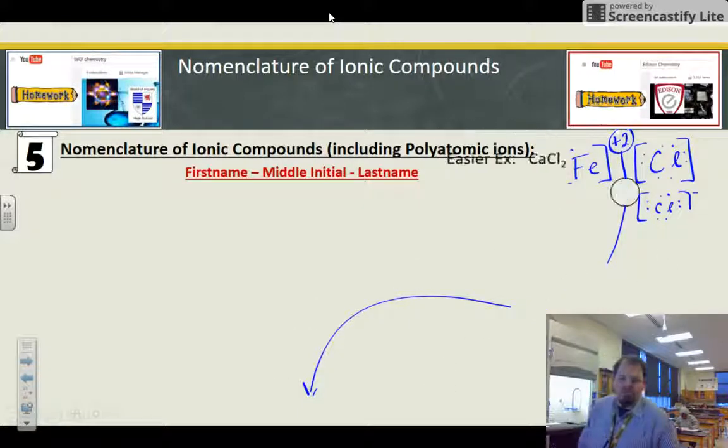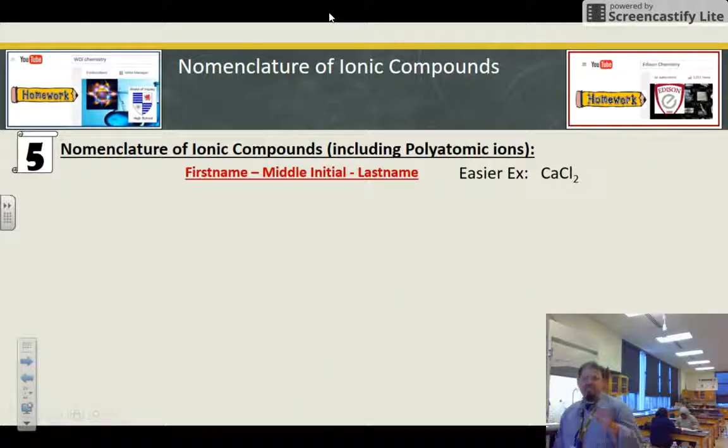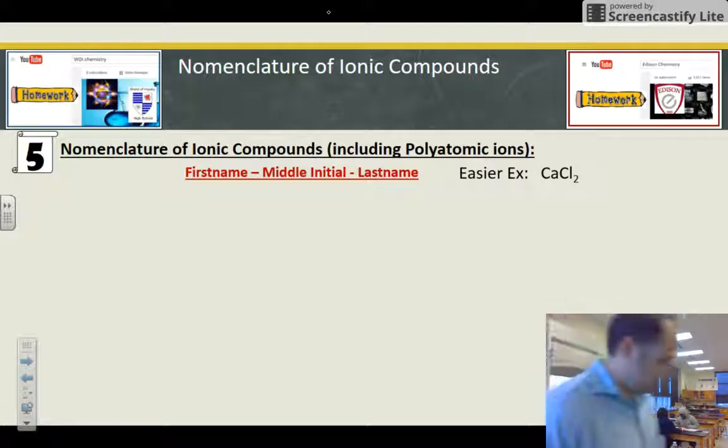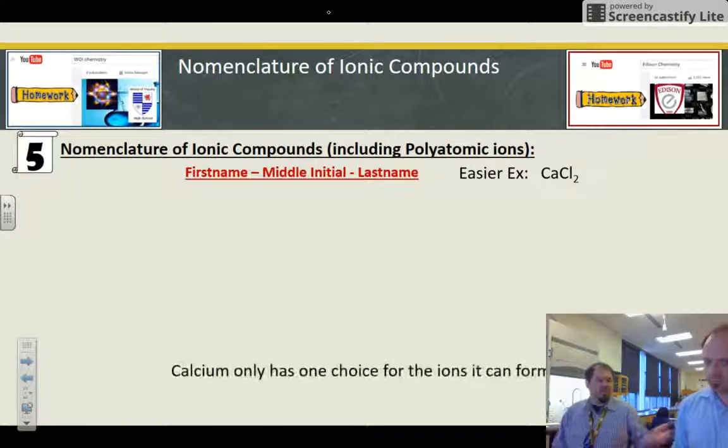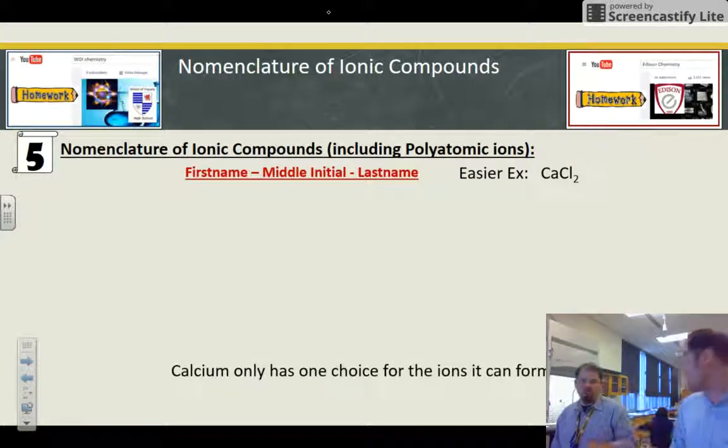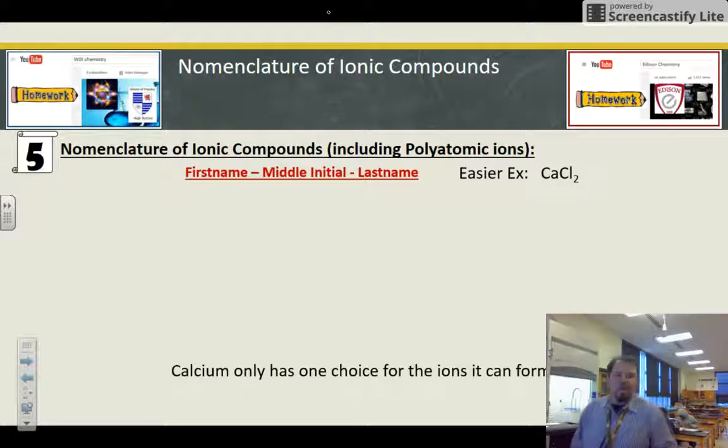The next one's a little bit easier. I got CaCl2, same structure. First name is just the name of the metal. I'm going to draw out the bonding while you're talking through it. In this case, when I look at calcium, I see that it only has one choice for the charge, the oxidation state, +2.